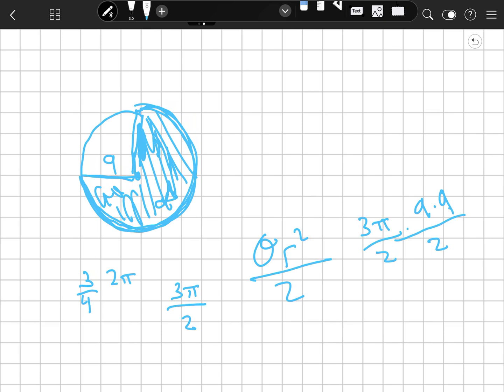And so we've got 81 times 3 pi divided by 4, and you end up with about 190.85 centimeters. And since we're dealing with area, it'd be centimeters squared.